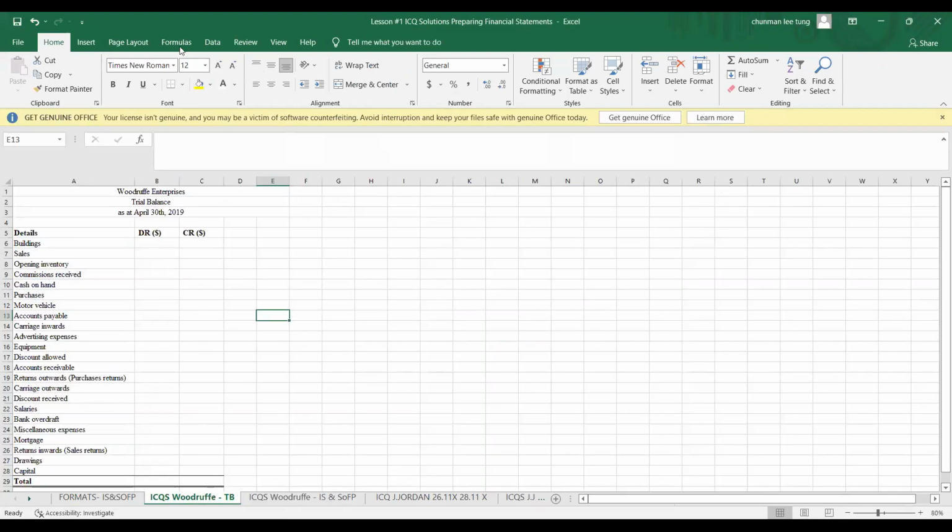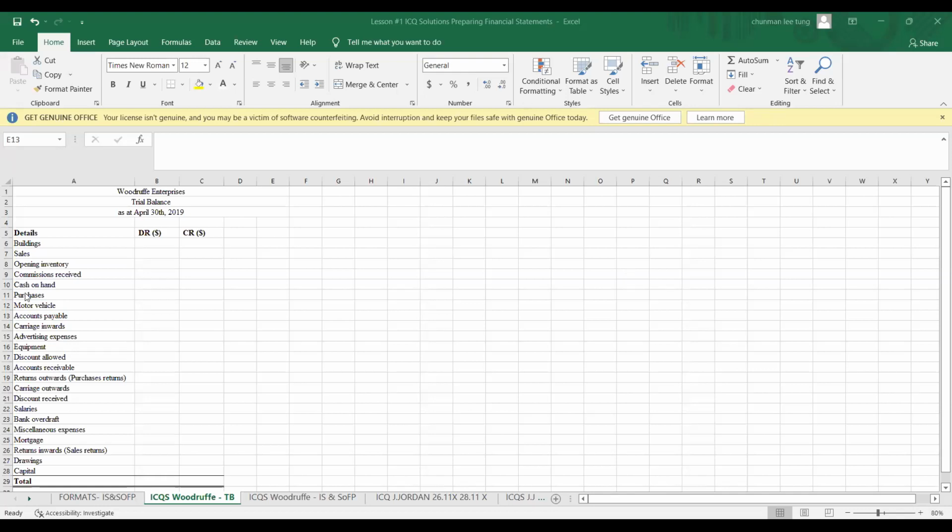By raise of hands, those who are able to see the screen, an Excel sheet. Woodruff Enterprises trial balance as at April 30th, 2019. You could obviously pause the question and take a picture of it because we are looking at the answers now.